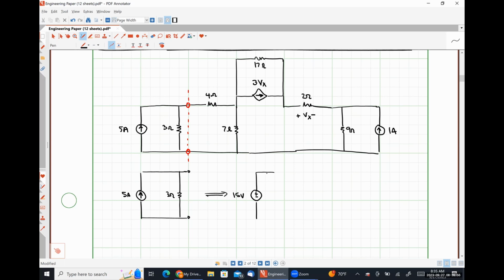And then I'm going to have my 3 ohm resistor connected in series. Once again, notice because my current was flowing up, my positive polarity terminal for my voltage source is on top. Okay. So I'm going to erase this practical current source and replace at the terminals with the electrically equivalent practical voltage source.